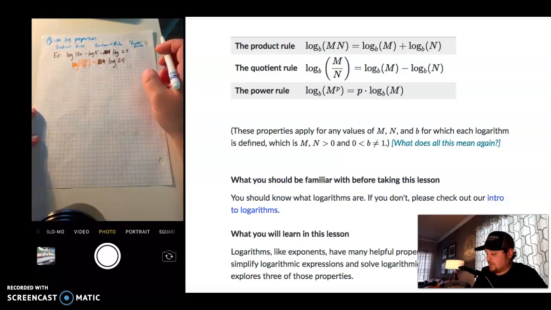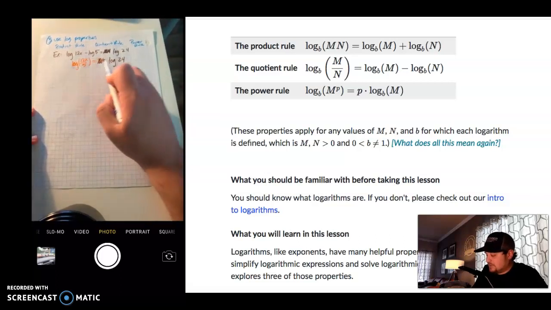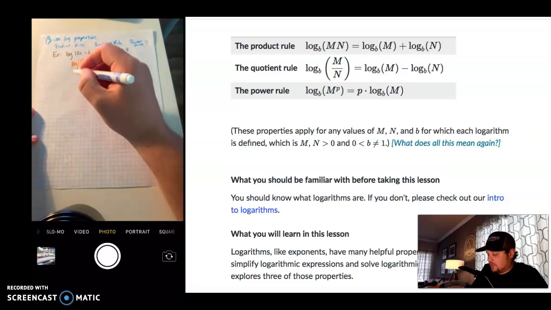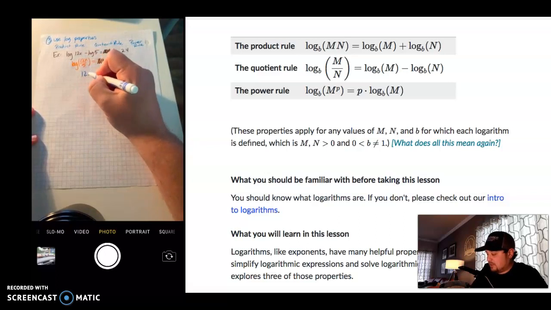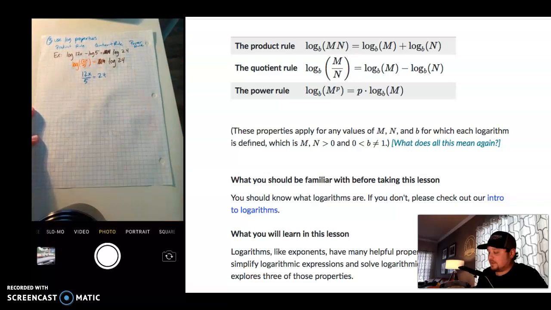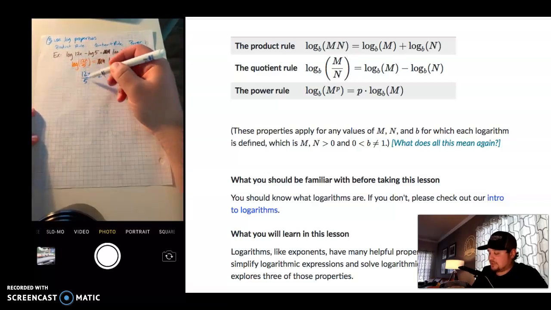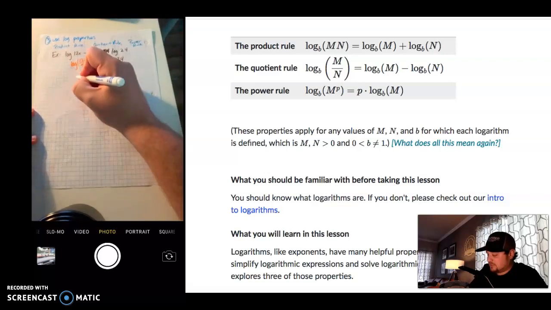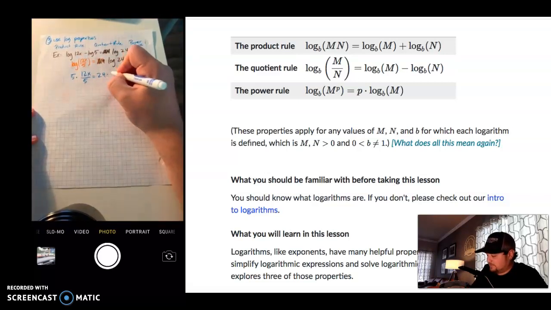Okay. Now, because both of these are logs with the same base, we can take away those logs and just say that the arguments are equal to each other. So 12x over 5 is equal to 24. Since this fraction can't be reduced, to get rid of the 5, I'm just going to multiply both sides by 5.